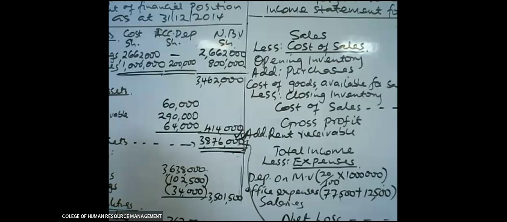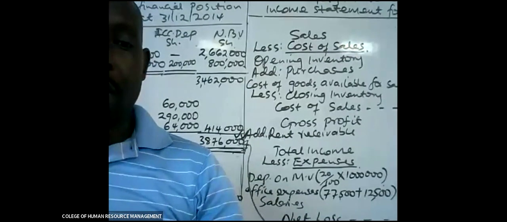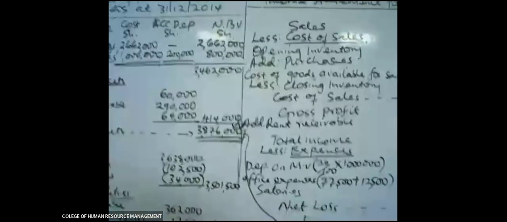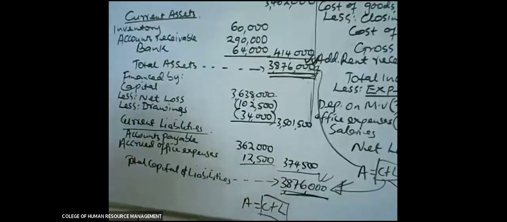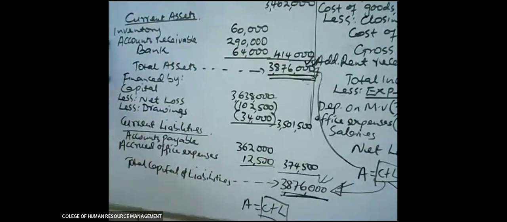If there is no other question, as usual, we end. Mwalimu, how did you say we should treat a long-term liability? If there was one, we could have captured it there. Remember how we did the format? In the format that I gave you, after capturing the capital, the second item should be long-term liability.